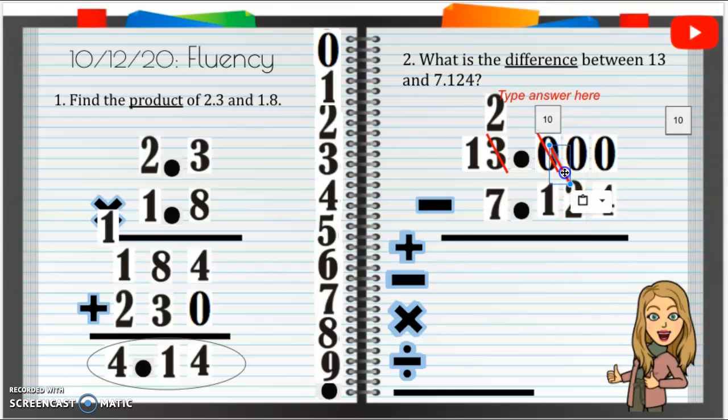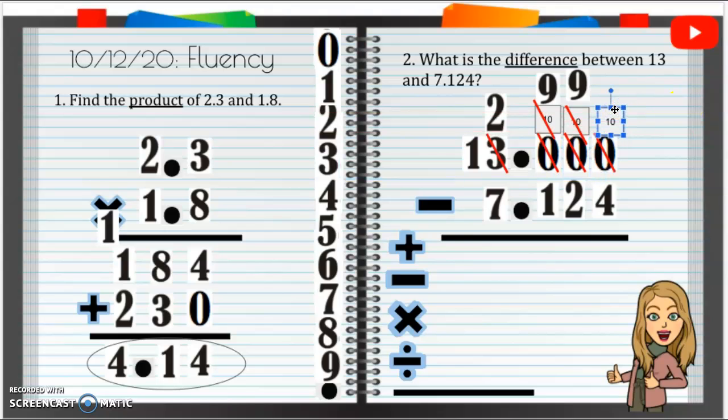So now we can borrow from this 10, make this 10 a 9, to now be able to make this 0 a 10. Now we can borrow again. Thank goodness. We need to make this 10 a 9 to make this 0 a 10. And now we can finally breathe and we can finally subtract.